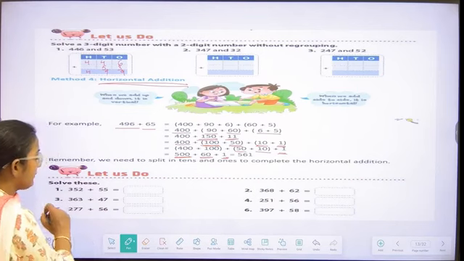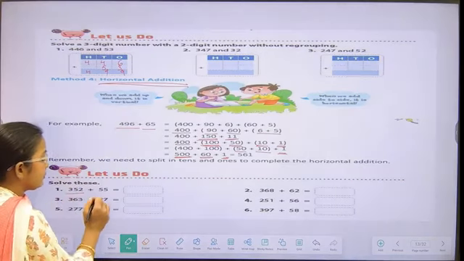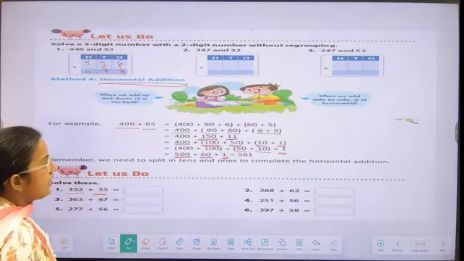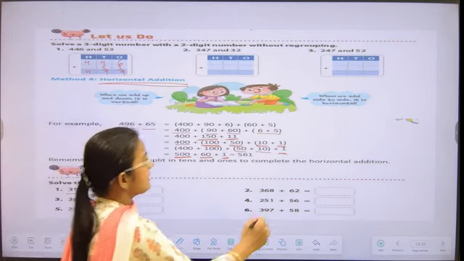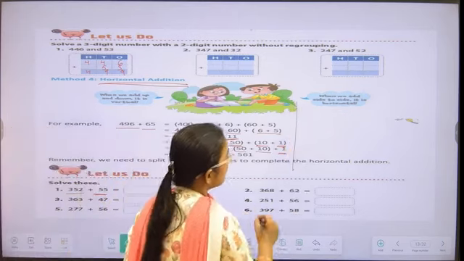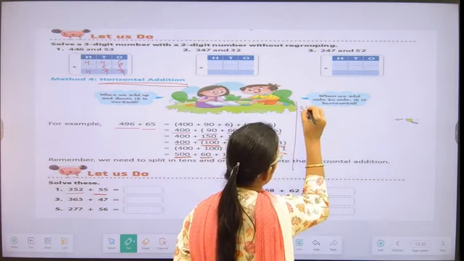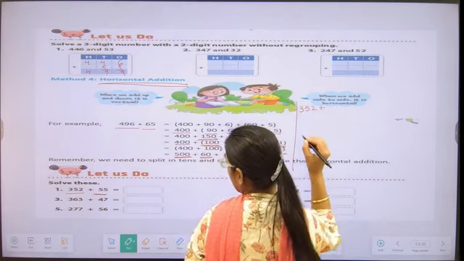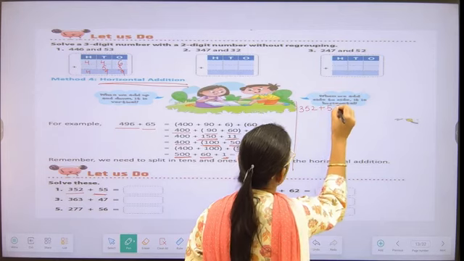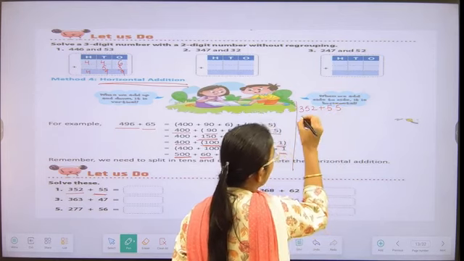So in the first one, we have to add 352 with 55. Let's do it at the blank space, student. We have to add 352 with 55. Let's split them or write in expanded form.